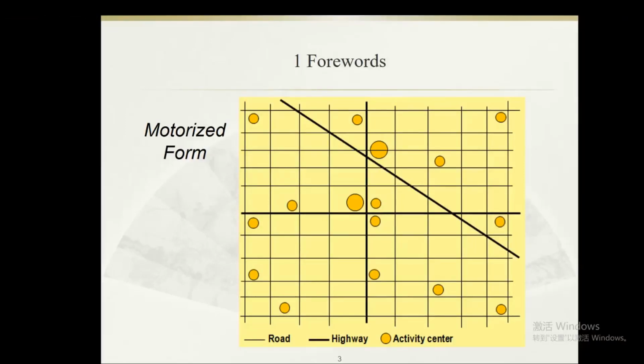We call it motorized urban form because the land uses are scattered everywhere, and as a result, the activities are scattered everywhere. Then we have no city center, and you'd better drive your car. Most of the small or medium-sized cities in the US are like this.